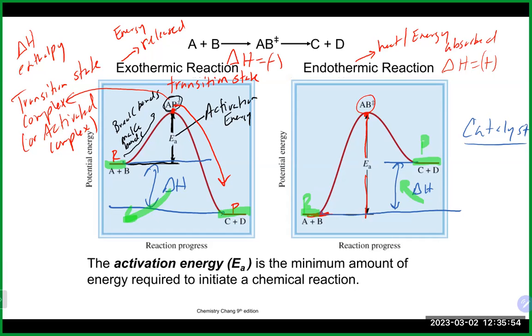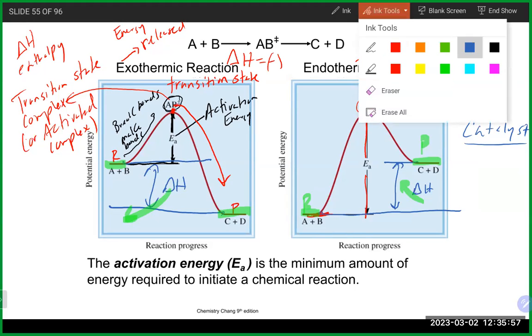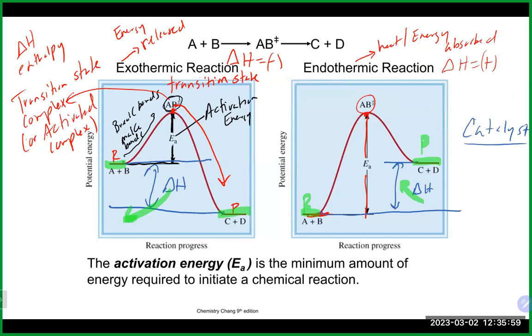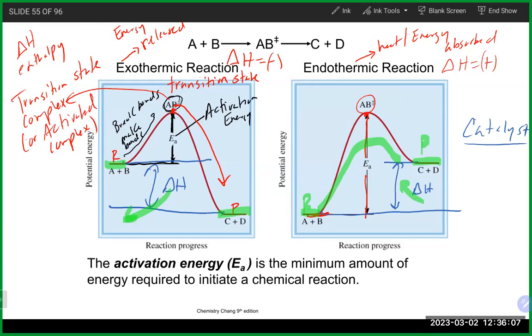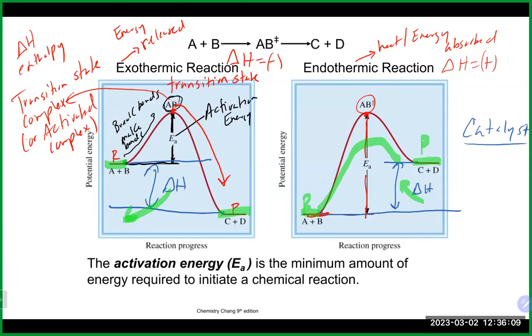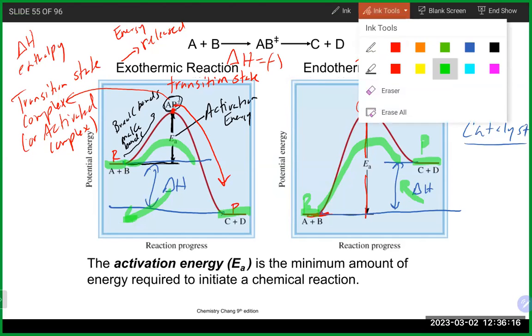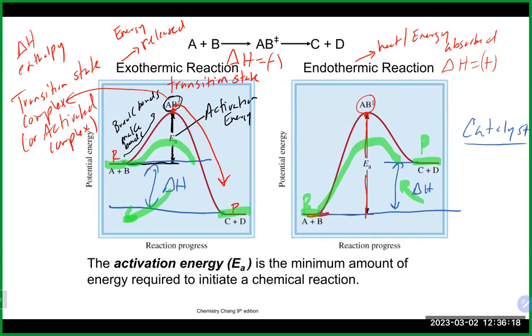But ultimately, what a catalyst does is find an alternative pathway and lower the activation energy. So it lowers that hill that the reactants have to climb to get to the other side. Any questions on any of that there?